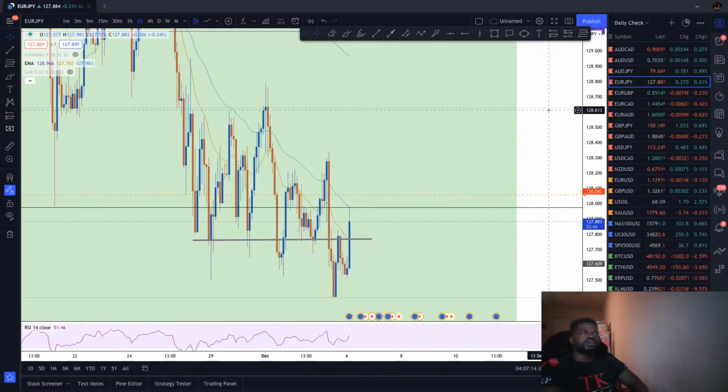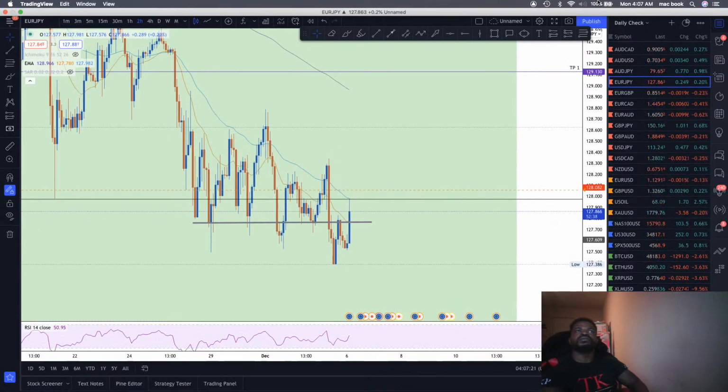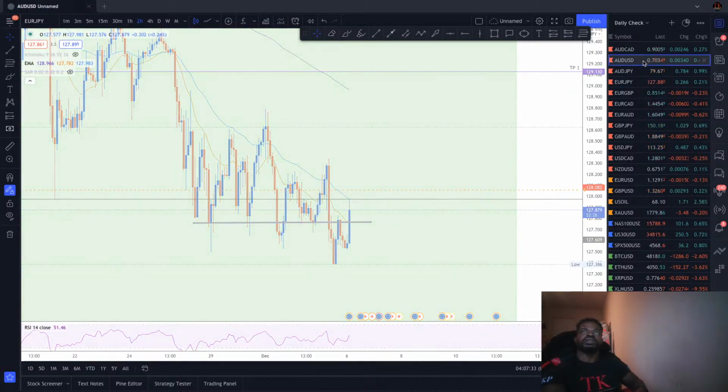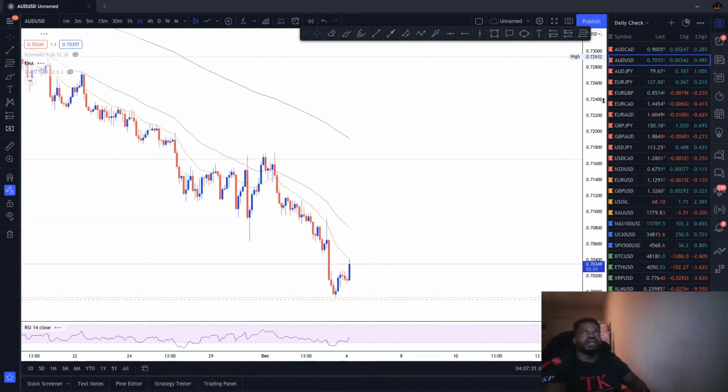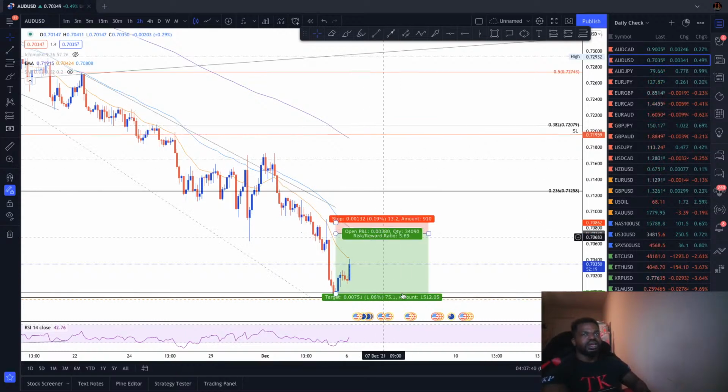So we got a retest of the 50 EMA. 23 more minutes and we are done for the night. So far, just a quick recap. We looked at AUD USD. We entered a sale last week.